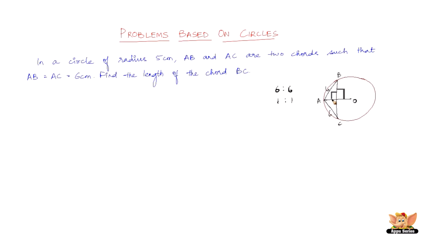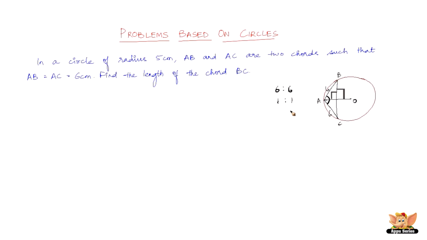The point I was trying to make is that the internal bisector divides the opposite side in the ratio of the sides containing the angle. This is the angle in question here. The sides containing this angle are AB and AC, and their lengths are 6 and 6.